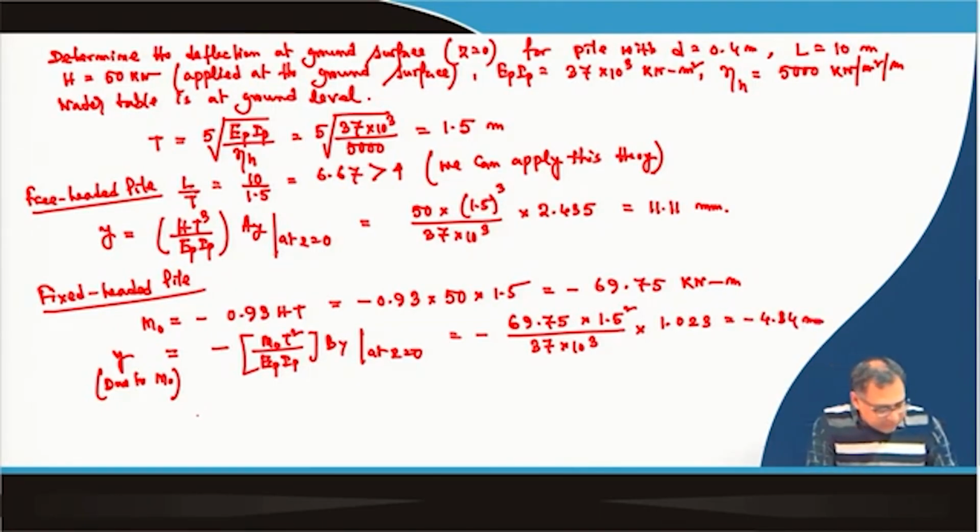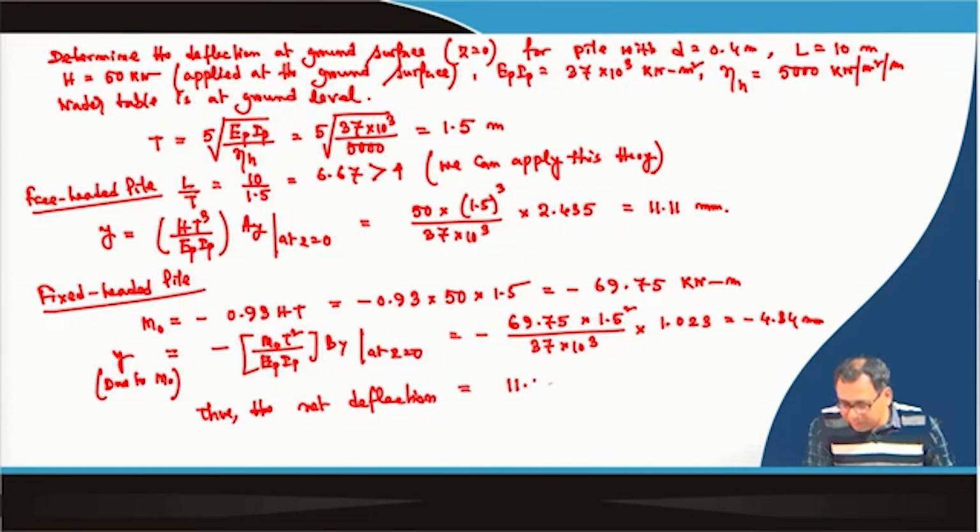So, the net deflection will be 11.11 minus 4.34. So, that will be 6.77 millimeter.